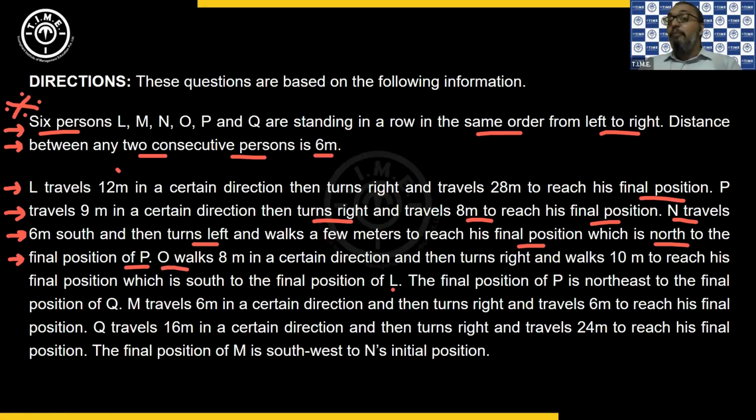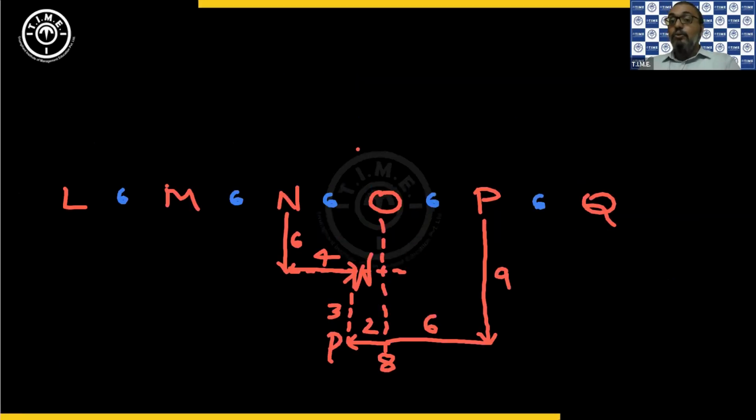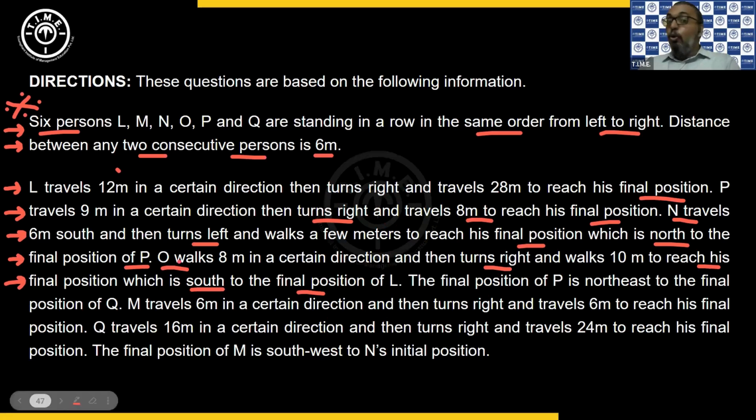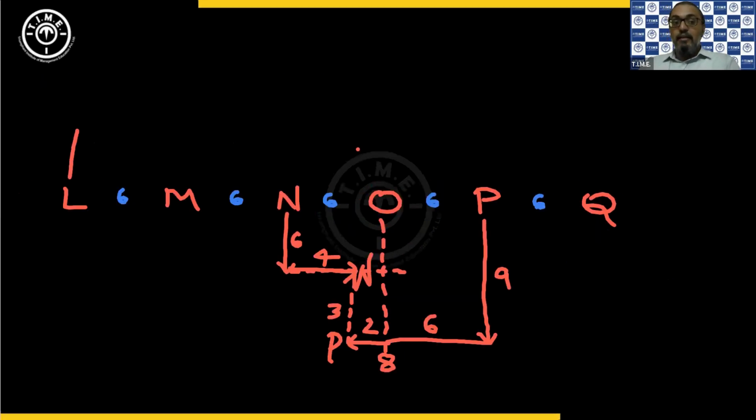O walks 8 meters in a certain direction. Again, I don't know that. Then turns right and walks 10 meters to reach his final position, which is south of the final position of L. Okay. Then in that case, because now he is connecting O and L, I'll take L 12 meters and then 28 meters right side, correct? So I'll take L in the north, 12 meters, then 28 meters.